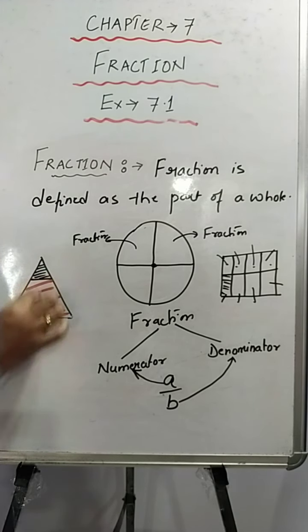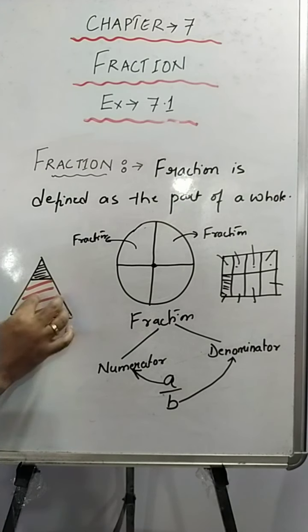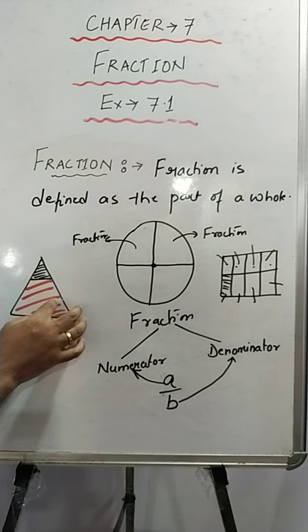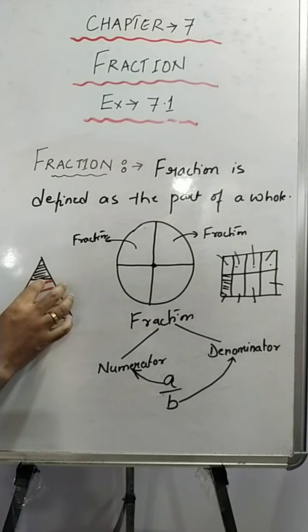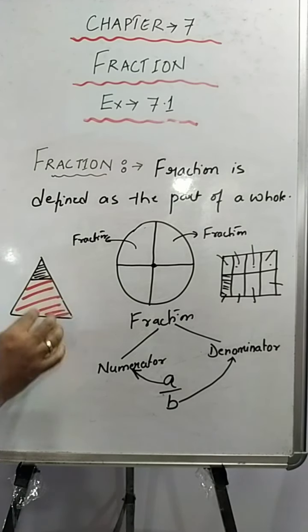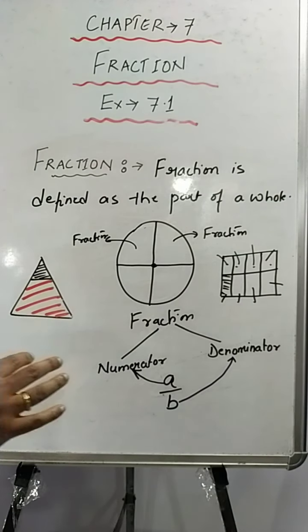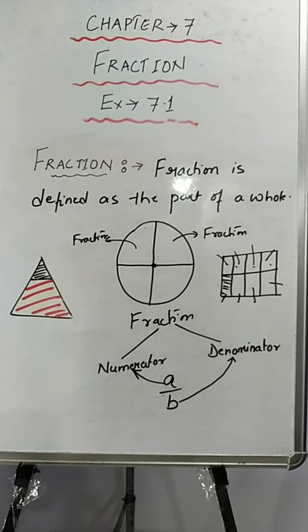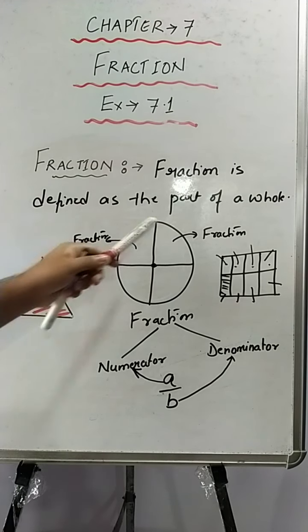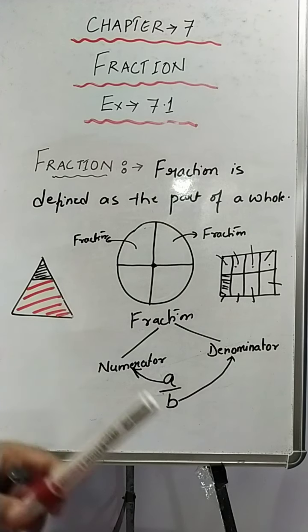That is the reason this is not a fraction. You cannot say that this part is a fraction of the whole, because the division that we have done is not equal. So you have to be very careful with the word fraction, that the division should be in equal parts.